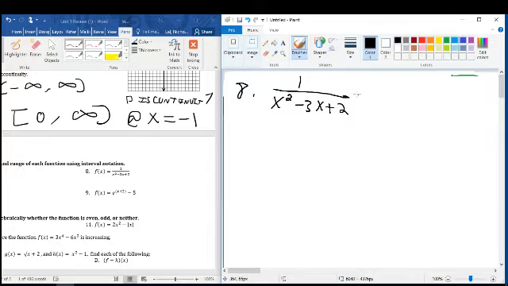So the first thing I'm going to do is factor. So that's 1 over, 2 factors here. x times x is x squared.